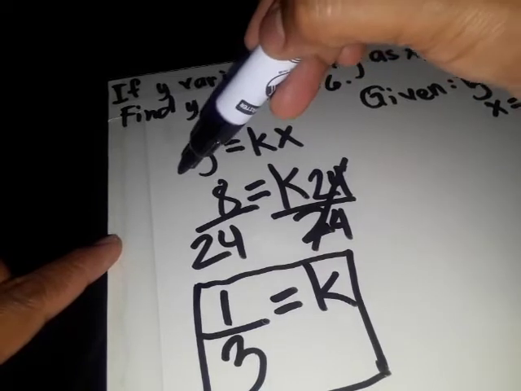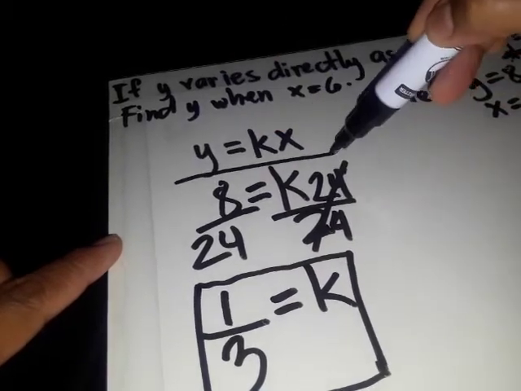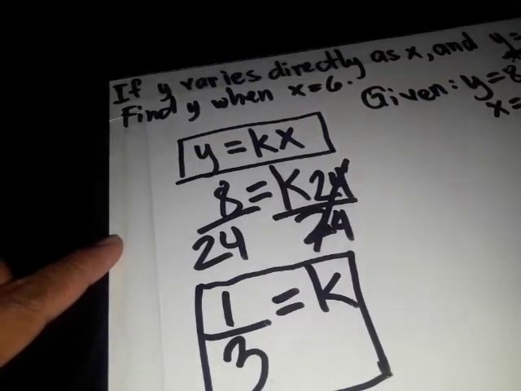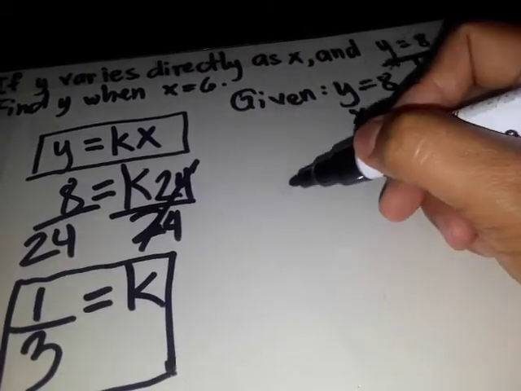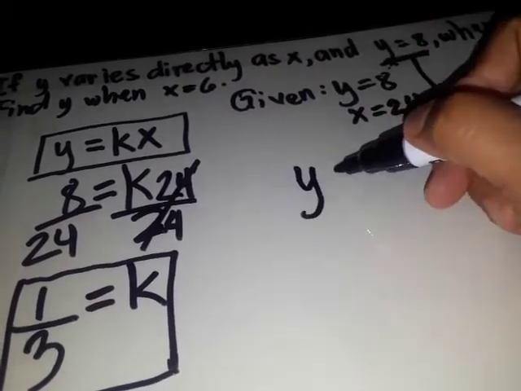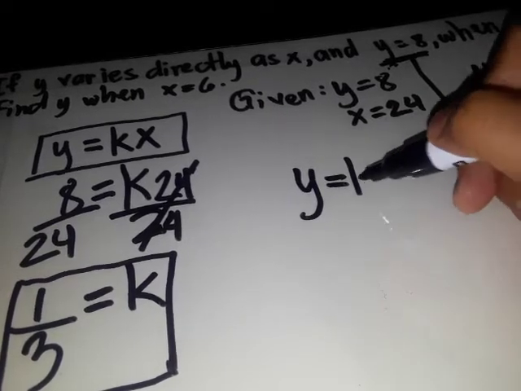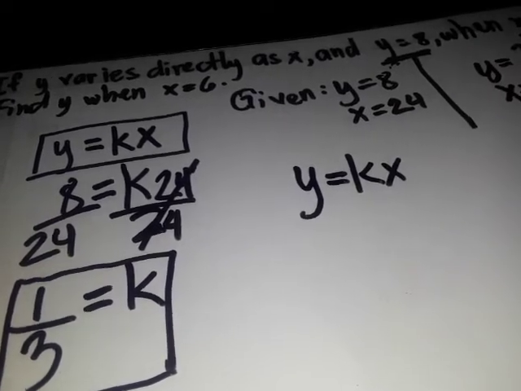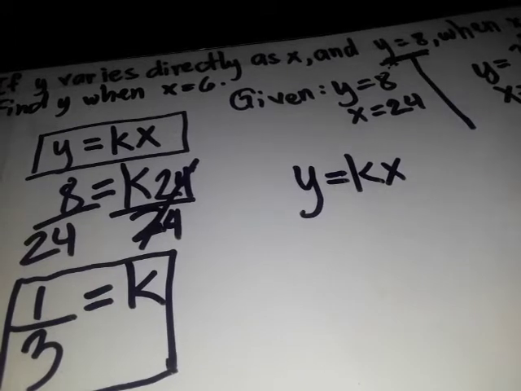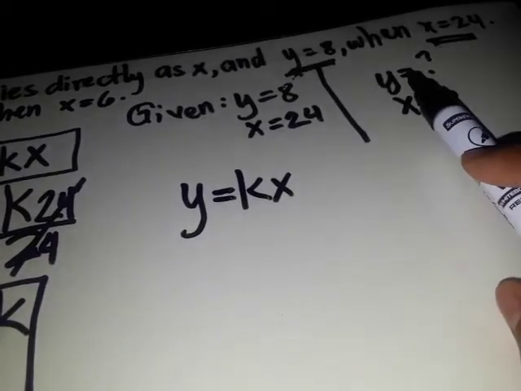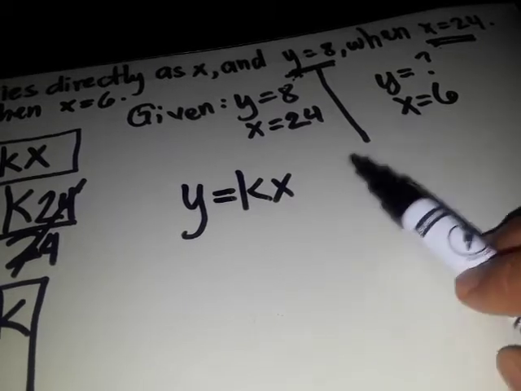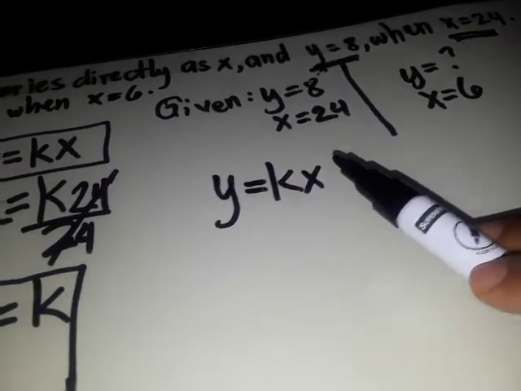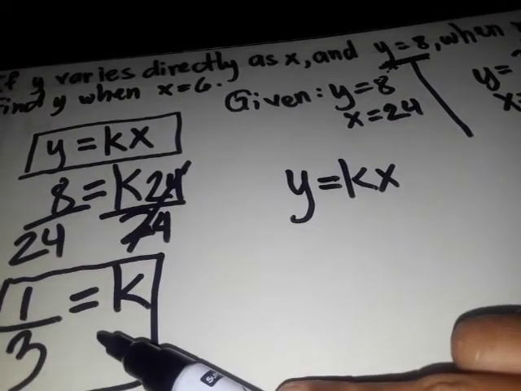Okay. So, pag nakuha mo na si k, gagamitin mo ulit ang ating equation. Isulat natin si equation dito. Y is equal to kx. Ngayon, since ang hinahanap natin ay y, isubstitute na lang natin si x dito at saka yung nakuha nating k.